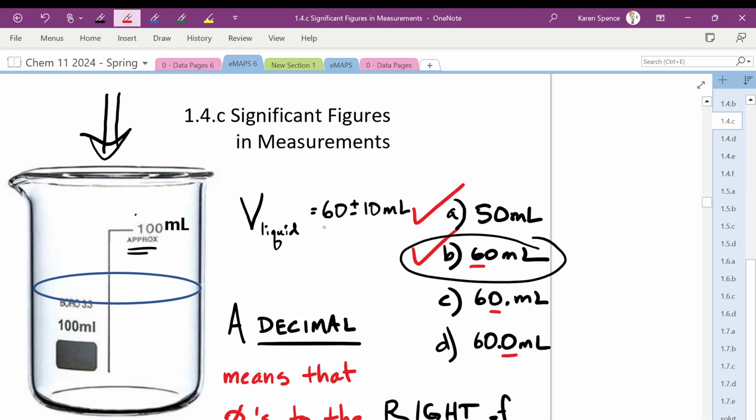My uncertainty is in the tens position, so my plus or minus is also in the tens position. And if you're feeling like today this is not making 100% sense to you, remember we are at the end of a fairly long block. Be patient with yourself. We'll do a little bit more tomorrow. This one is the hardest rule. The zeros on the right are the trickiest.